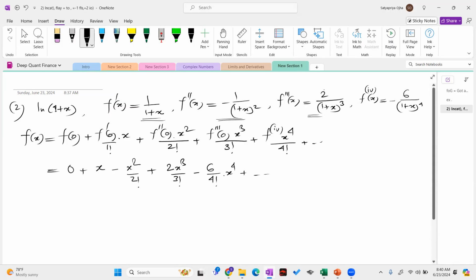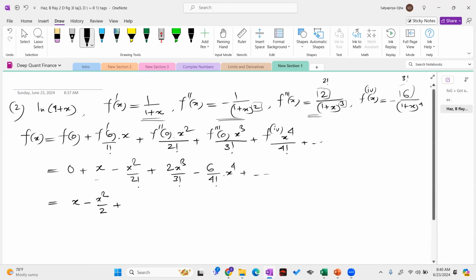So one thing we notice is that it alternates between plus and minus, plus, minus, plus, minus. But you can simplify this. x minus x squared by 2 plus, did you notice that when we do differentiation, there is already a power, right? And it keeps increasing. So when you have 2 here, you have 6 here. What are these? This is actually 2 factorial, 3 factorial.